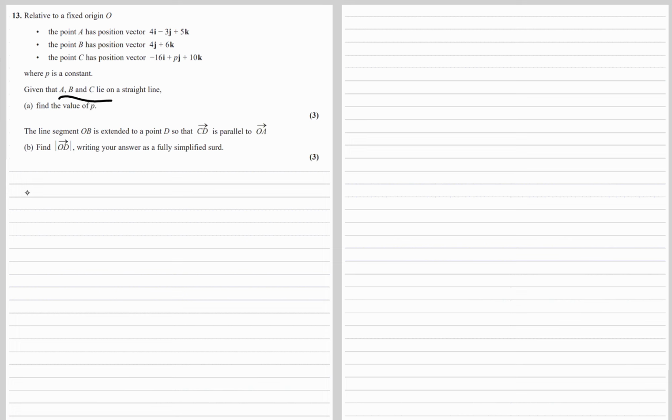So let's find A to B. A is 4, negative 3, 5. B is 0, 4, 6. And C is negative 16, p, 10.